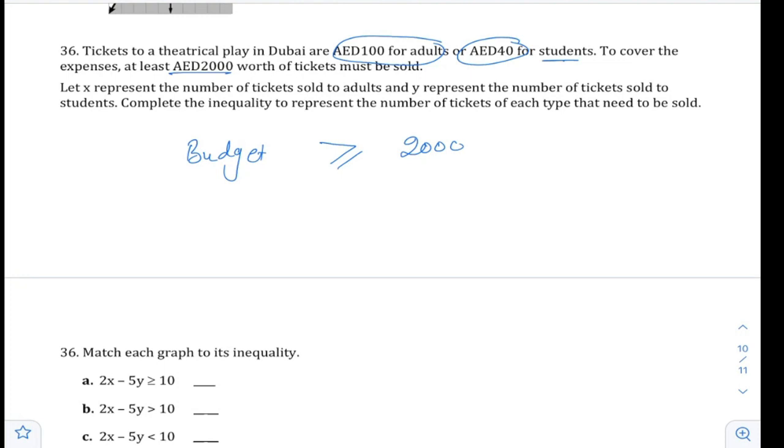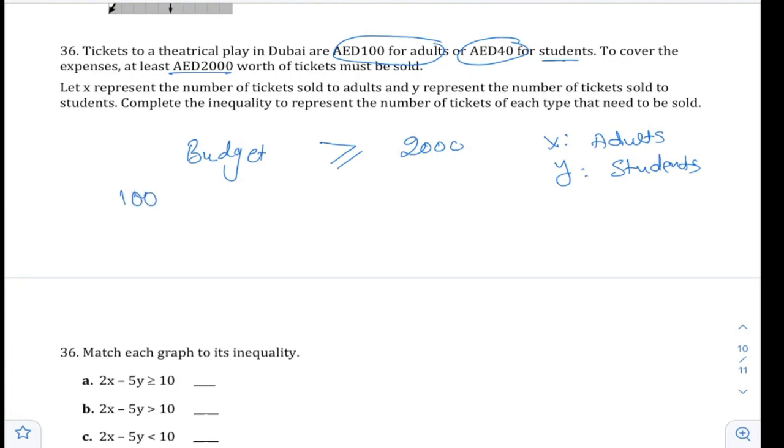Let x represent the number of tickets sold to adults and y represent the number of tickets sold to students. Complete the inequality to represent the number of tickets of each type that need to be sold. Now the price of a ticket for an adult is 100.